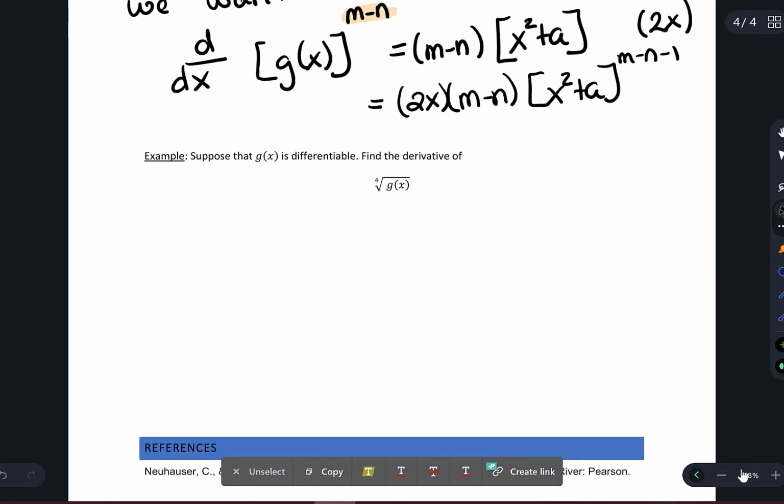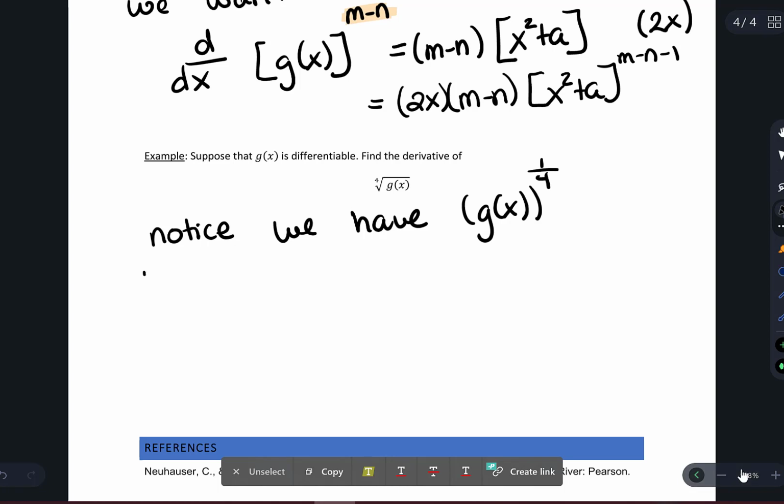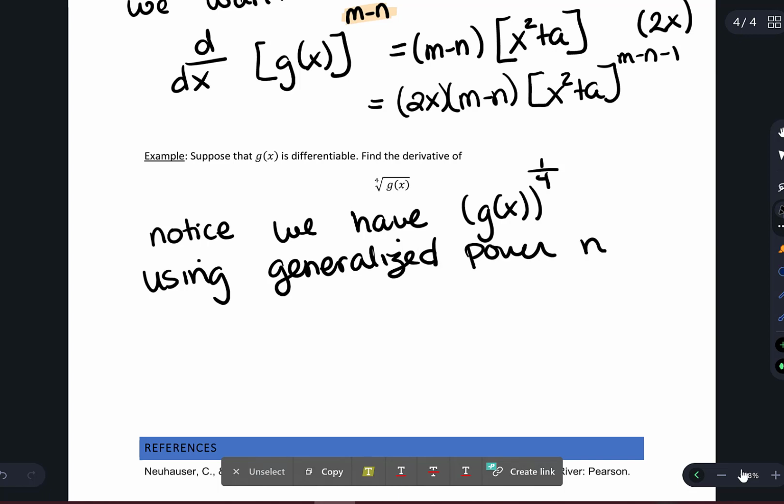And here is another example. So here we want to find the derivative of the 4th root of g of x. So again, notice we could write this as a power, we have g of x to the 1/4 power. So again, we can use the generalized power rule.